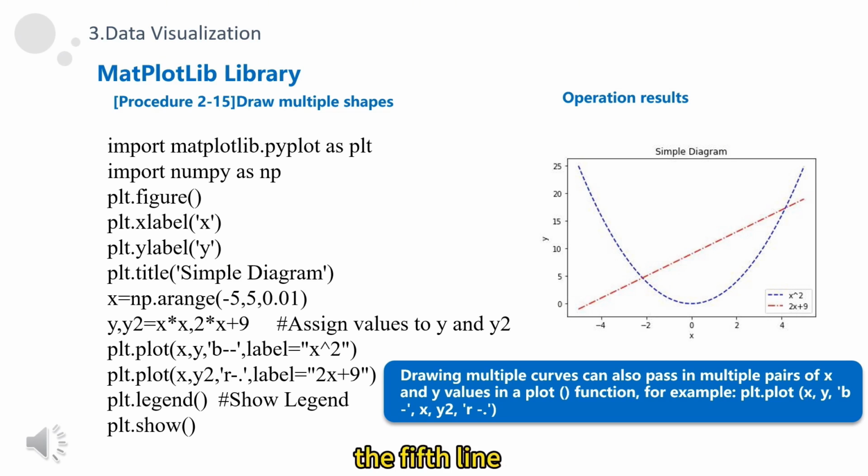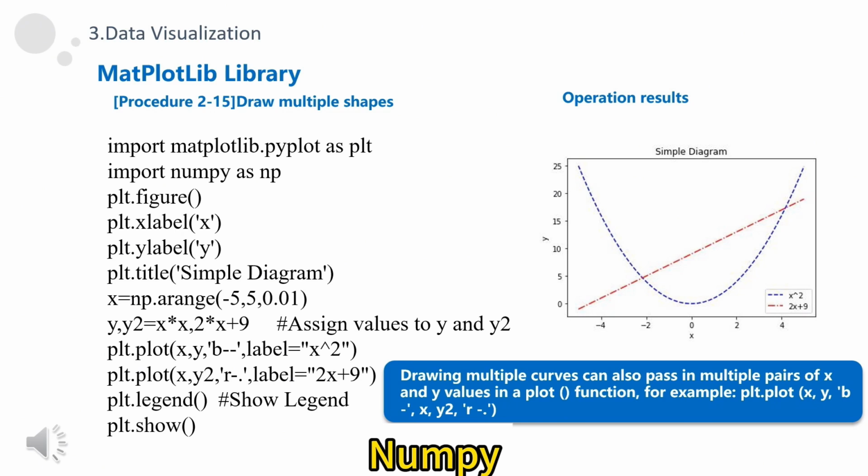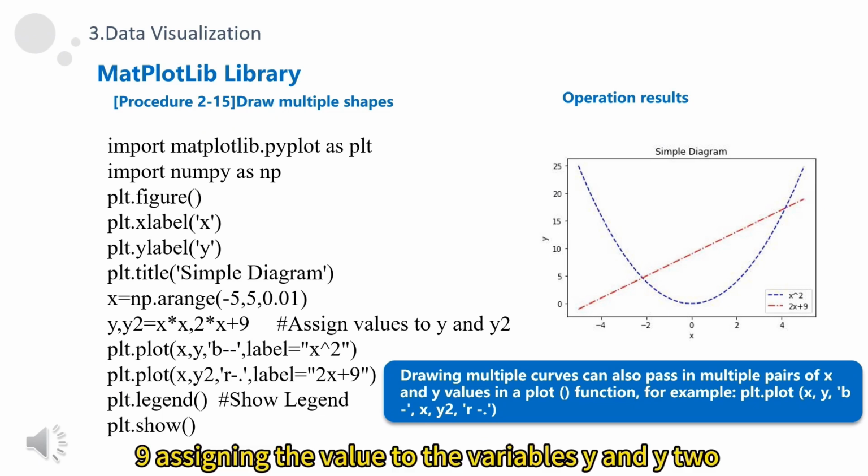The fifth line, generating arrays of values for the x-axis using the NumPy arange function. The sixth line, saving the values to the variables y and y2.